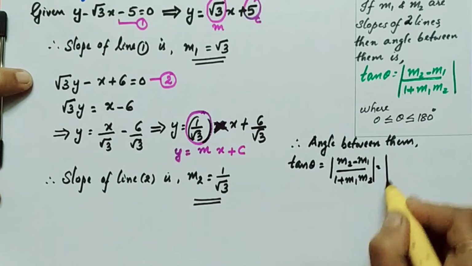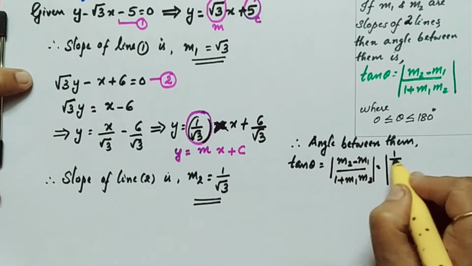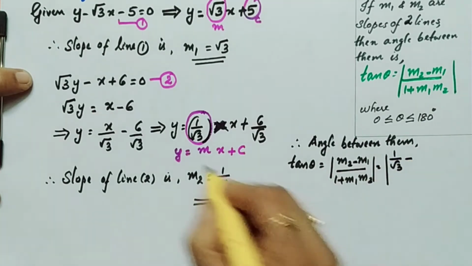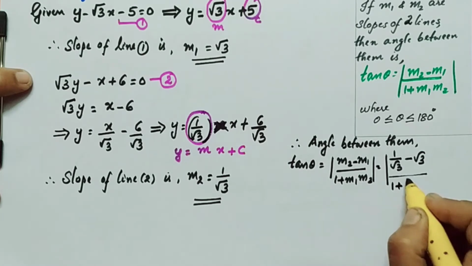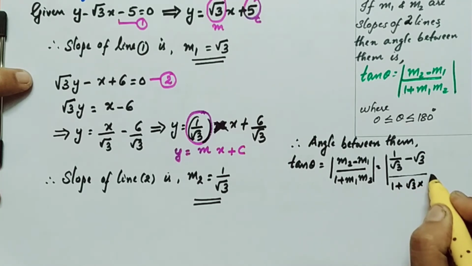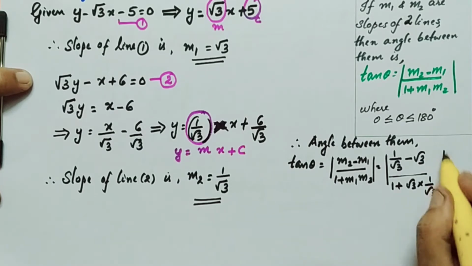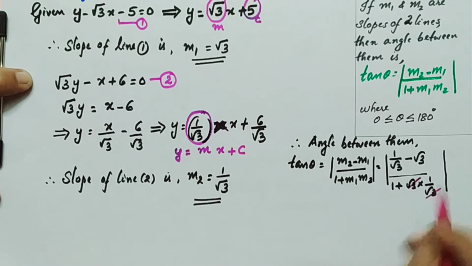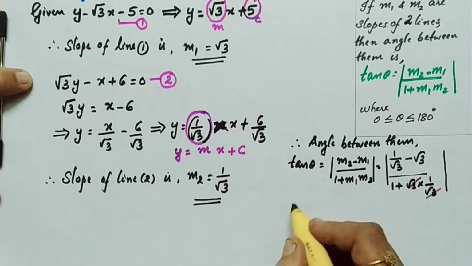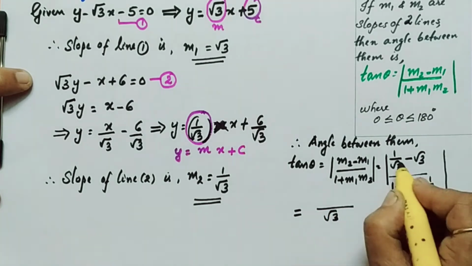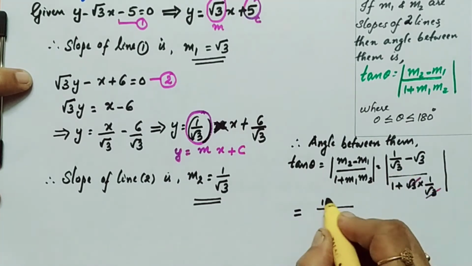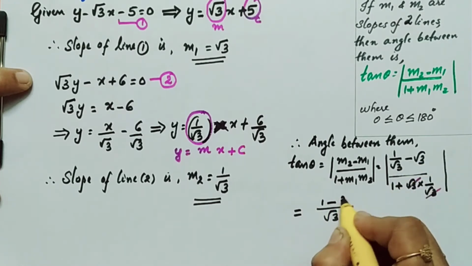Substituting the values, you get modulus of 1 by root 3 minus root 3, the whole divided by 1 plus root 3 into 1 by root 3. Just substitution of values. Here you can see that in the denominator root 3 gets cancelled. Now in the numerator, if I take the LCM root 3, 1 minus root 3 into root 3 becomes 3.